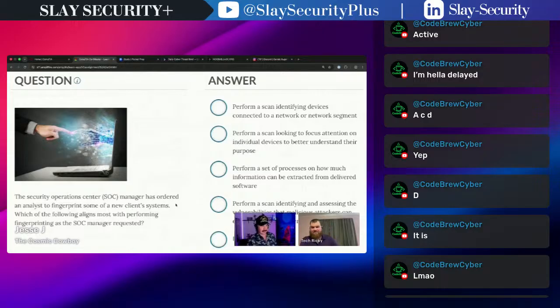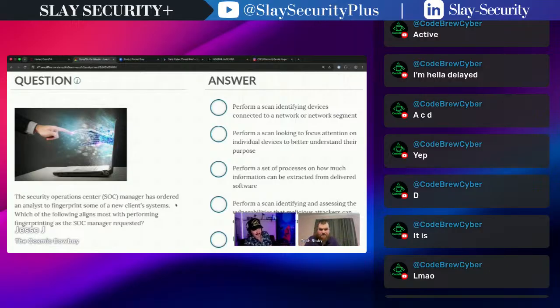What do you think? Well, I don't think it's A. Which of the following aligns with performing fingerprinting? Performing a scan to focus attention on individual devices. Perform a set of processes on how much information can be extracted.